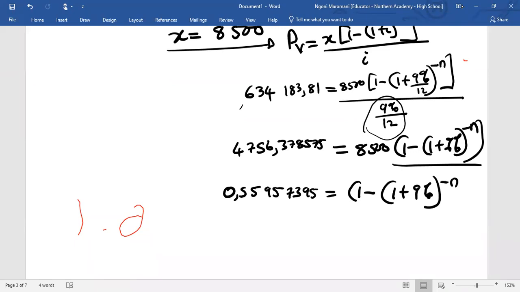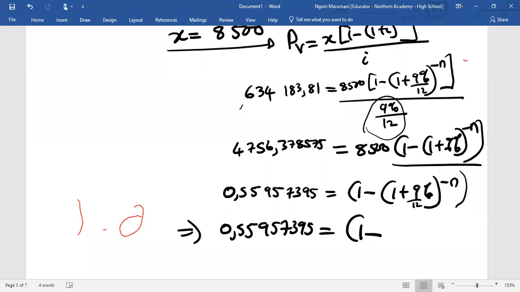Do we see that one? Good. So here we need to be smart now. We need to be smart. Which now means we are saying 0.55957395 is equal to 1 minus, what do we get here? 1 plus 9% over 12.